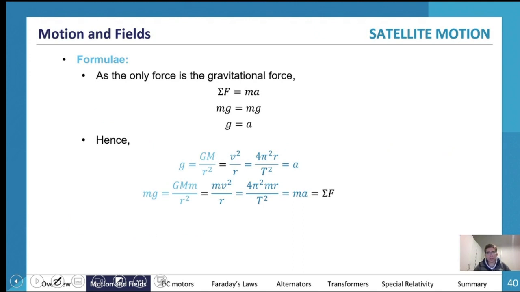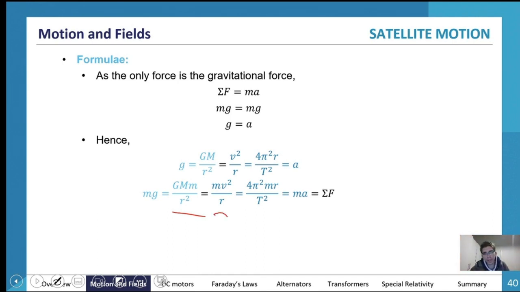But going back to what we said, the satellite orbits in a circular motion, therefore it's going to experience centripetal force, therefore the weight force acting on the satellite must be the centripetal force. It means that we can equate those two. We can say that the weight, GM multiplied by lowercase m divided by r squared, is equal to mv squared on r.